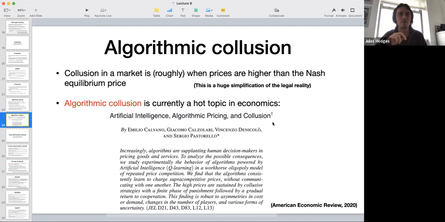When I say Nash equilibrium, I mean Nash equilibrium of the stage game. The question is, are they reaching prices which are higher than the Nash in the stage game prices, which is good for the sellers, but bad for consumers and possibly illegal? Although I understand that the legal question is really quite complicated here.